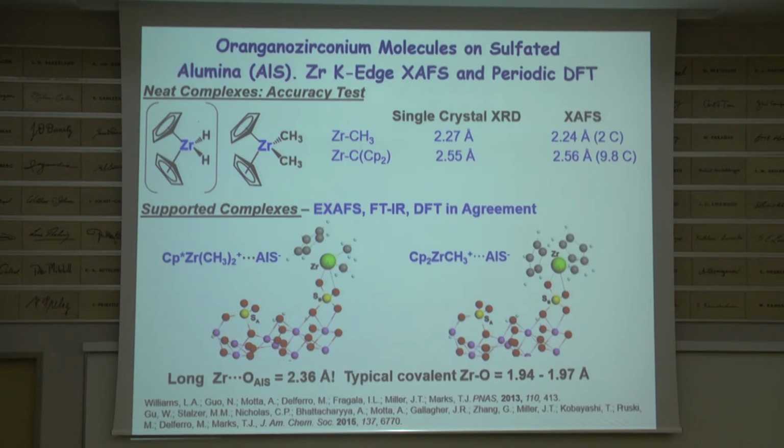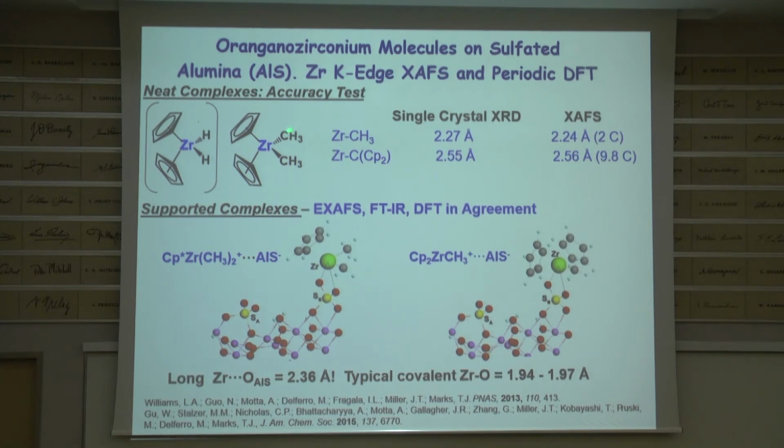And we can do DFT calculations, starting with Sauer's picture of the sulfated oxide surface, and then seeing how organometallic molecules interact. Let's start with the XAFS, and Jeff is a very clever guy. So he said, give me some of this, and give me some of this, and we'll do the zirconium XAFS, and we'll subtract one set of data from the other.